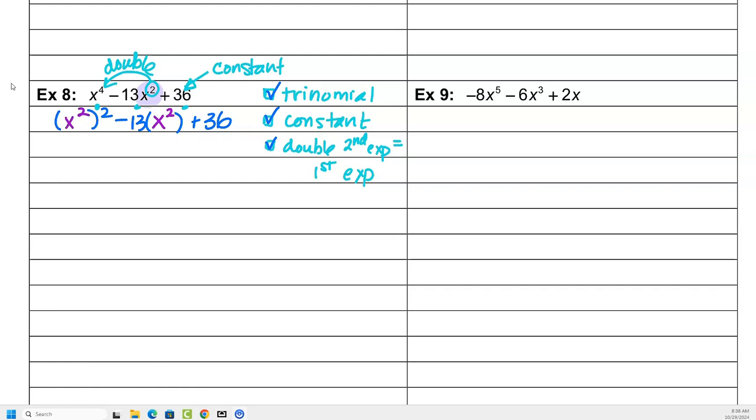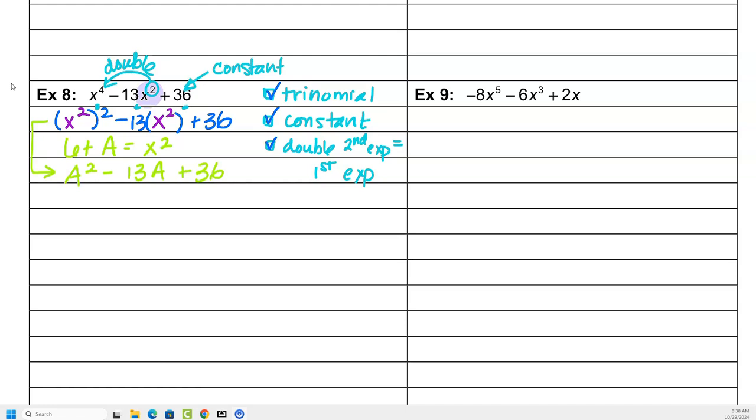And you have to ask, is that one equivalent to the first one? Sure looks like it, right? So I can do let a be equal to the x squared. And you get a squared minus 13a plus 36.